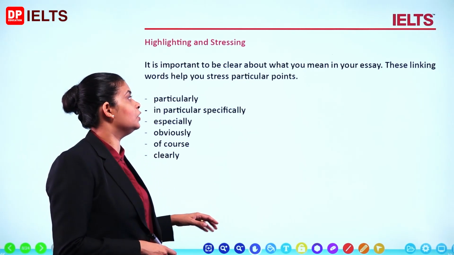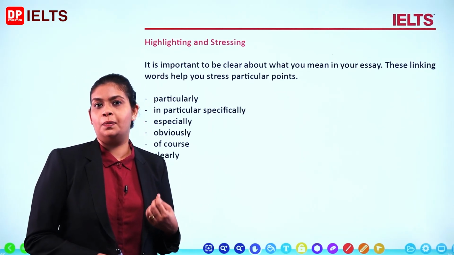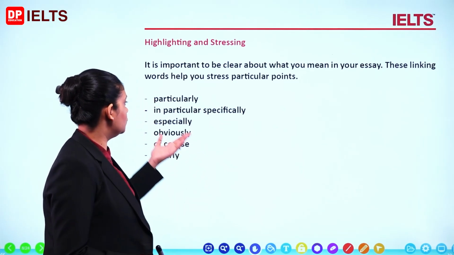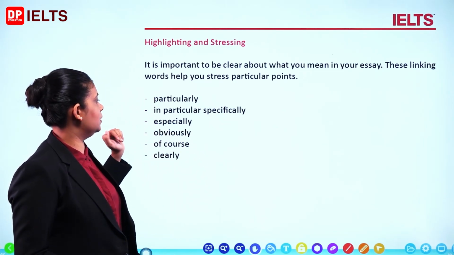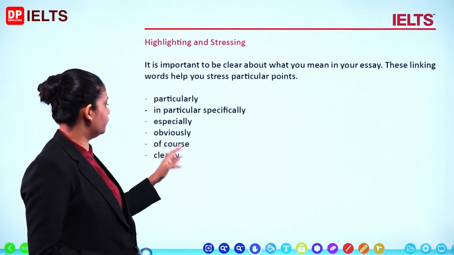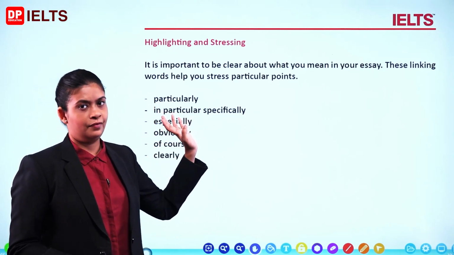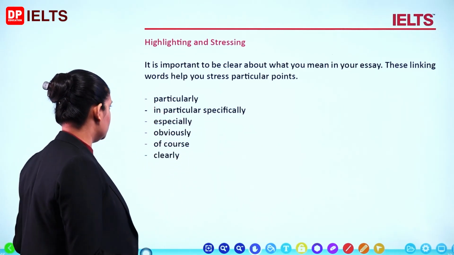You do that by using words like this. If you want to stress a particular point or an idea, you could use words like particularly, especially, obviously, of course, clearly, in particular, right, specifically. So those ones you could use.